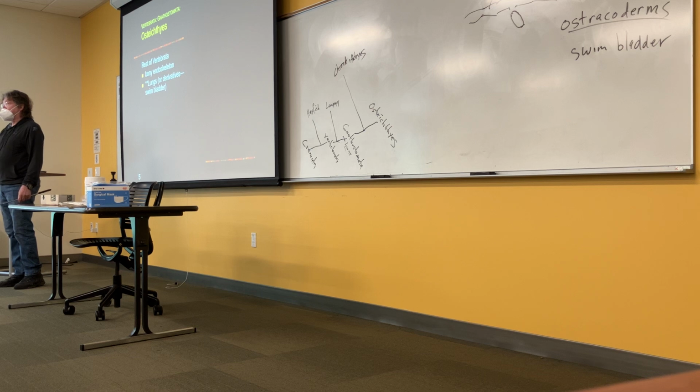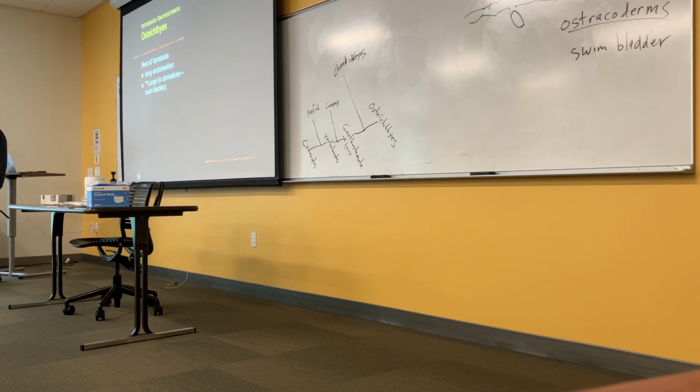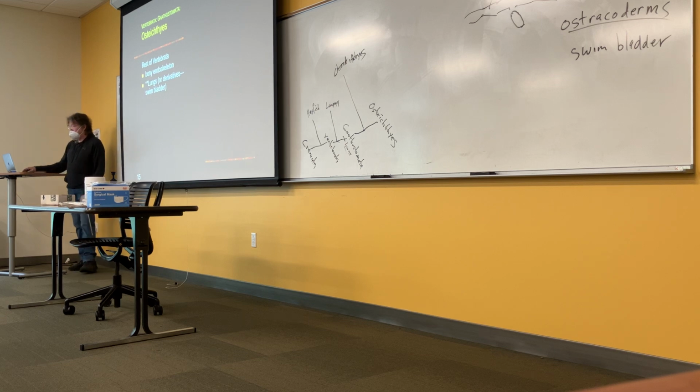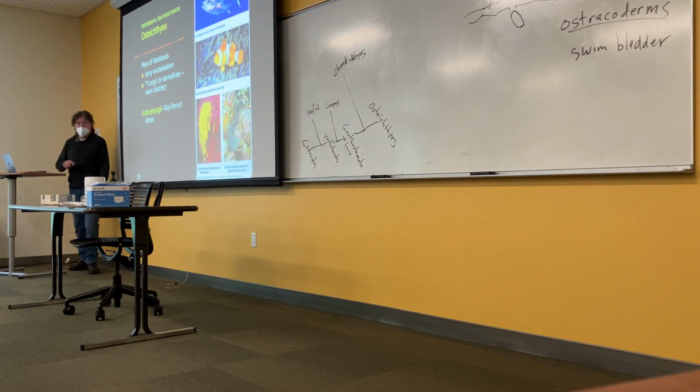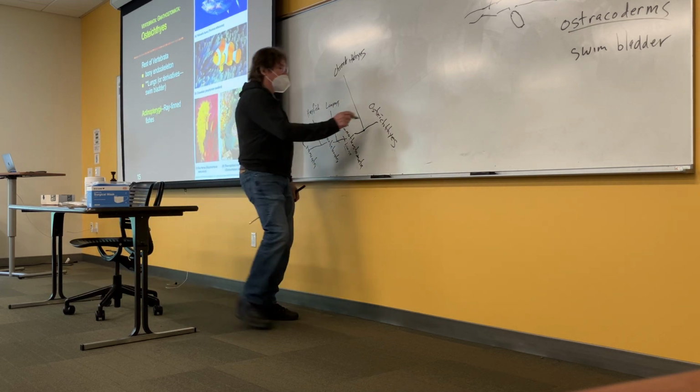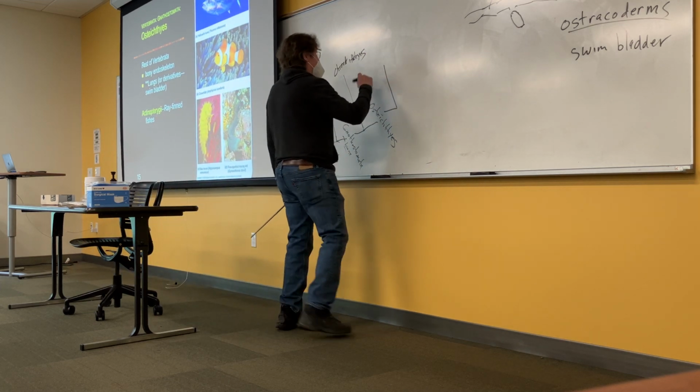If they didn't have a swim bladder, they'd have to constantly swim to keep from sinking down, and that takes a lot of energy. And so by having a swim bladder, they can be buoyant, fill it up with gas, and stay at a certain level in the ocean without sinking due to gravity. Okay, but nonetheless, lungs or lung derivatives are found in the osteichthyes. One of the biggest groups of osteichthyes is Actinopterygii.